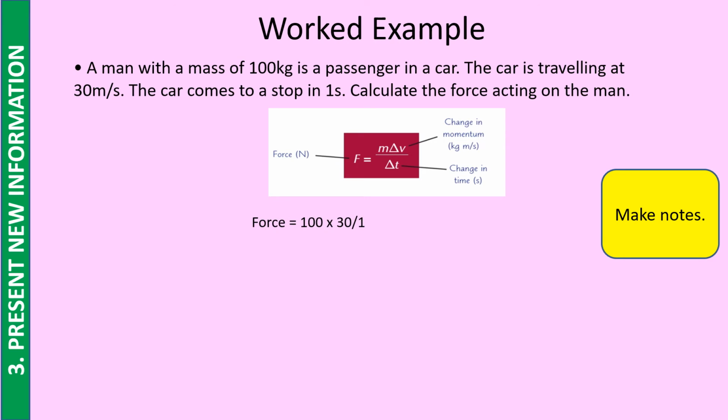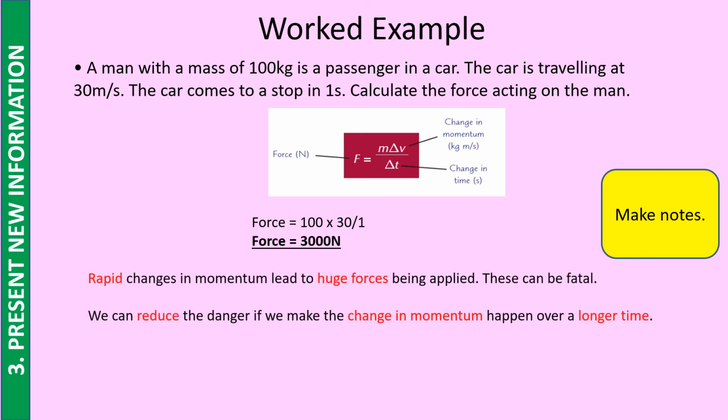If we substitute in our figures, the man weighs 100 kilos and the speed is 30 meters per second divided by the time is 1 second. So that gives us a force of 3,000 newtons. Now that's a huge amount of force. Rapid changes in momentum do lead to huge forces being applied, and to people these can be fatal.